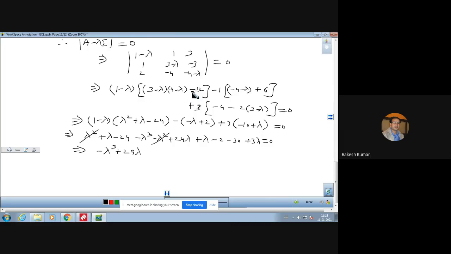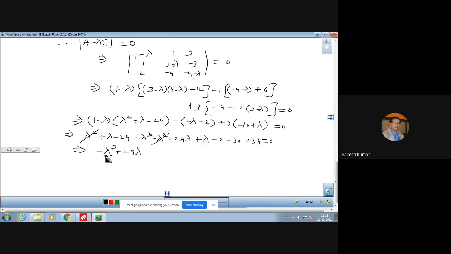Negative 12, negative 12, negative 24. Lambda square is there, this is plus 4 lambda, and this is negative 3 lambda. This is minus lambda plus 2 plus 3, and this is minus 6 minus 4, minus 10 plus lambda. This is lambda cube minus lambda square and 24 lambda plus lambda minus 2 minus 30 and plus 3 lambda. We are checking this once.